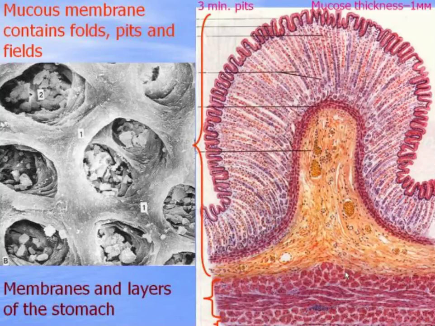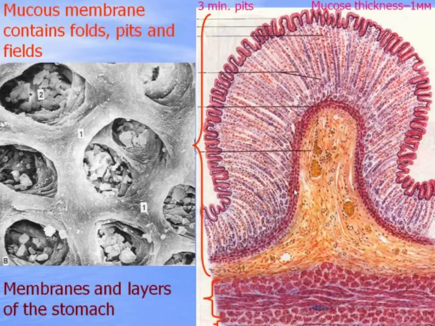All layers of the mucous membrane participate in fold formation. You see surface epithelium, lamina propria with glands, lamina muscularis.